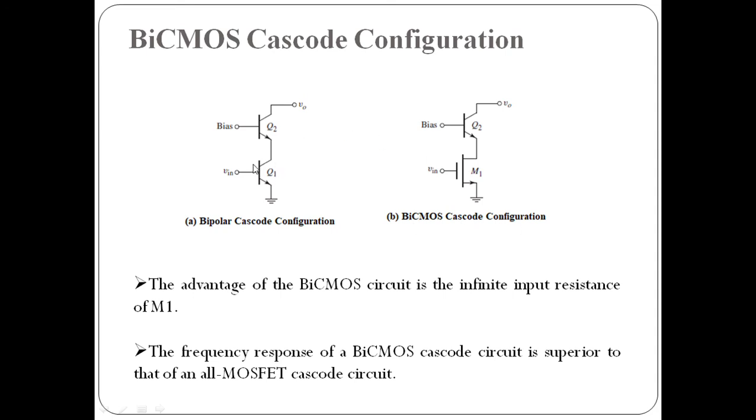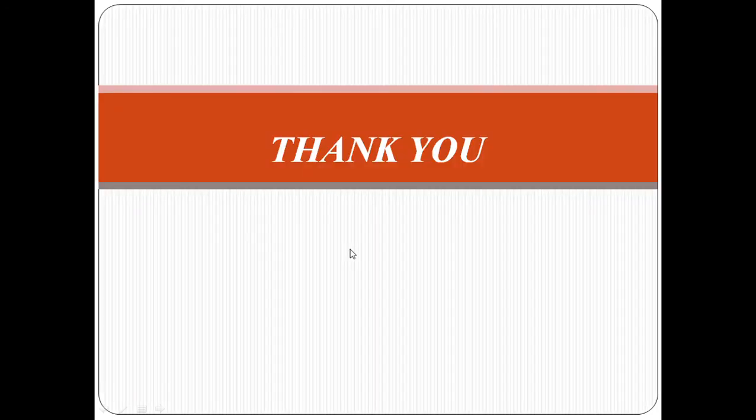Here the input transistor is replaced by the MOSFET. So the advantage of the BiCMOS circuit is the infinite input resistance due to the MOSFET, and the output provides a very high transconductance. Thank you.